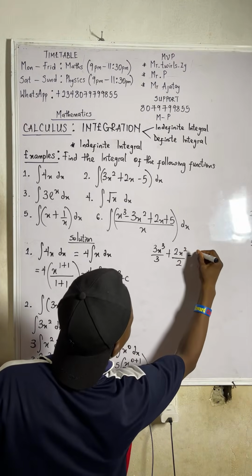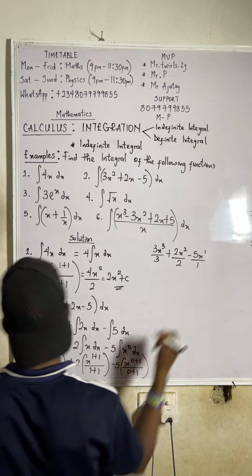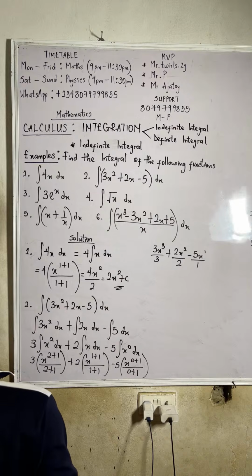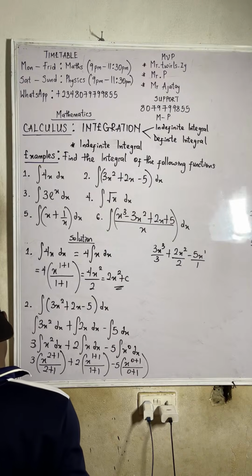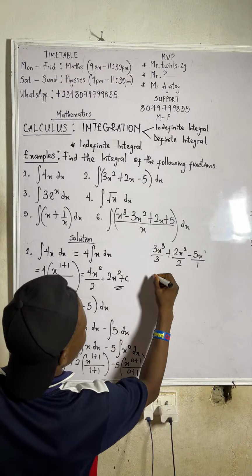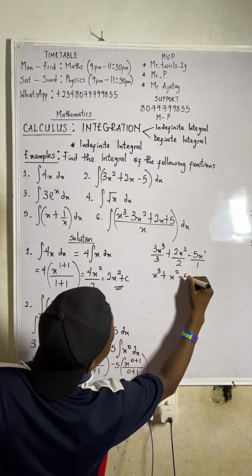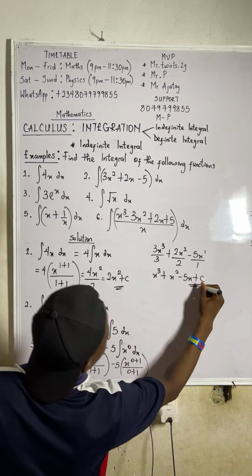Then minus 5x to the power of 1 over 1. So here will be x cubed plus x squared minus 5x plus c, and that's the final answer.